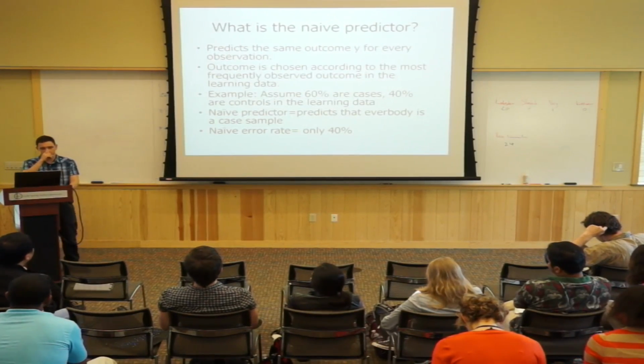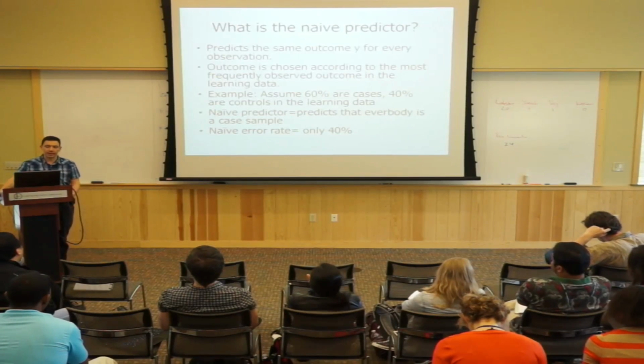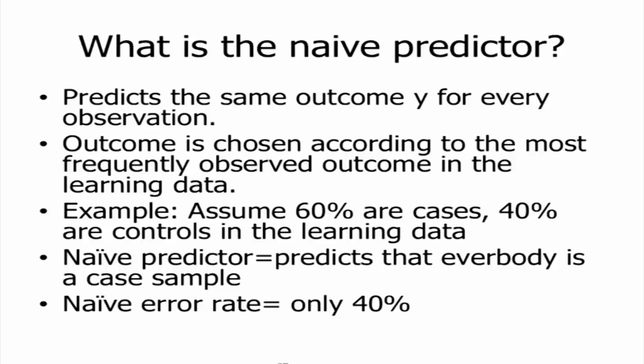Let me come up with another terminology that is very useful, which is called the naive predictor. Do you remember in the example of the emergency room, the vast majority of subjects were low-risk subjects? And so the naive predictor would just say, oh, you know what?